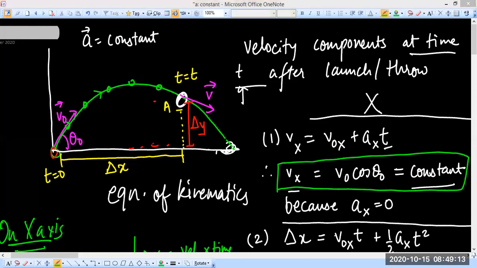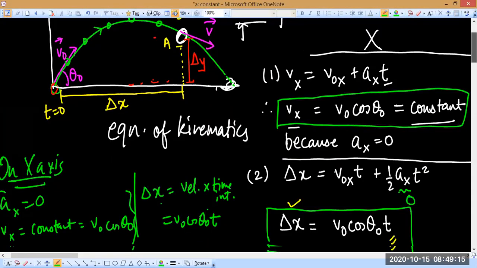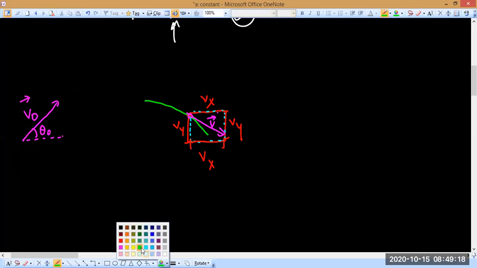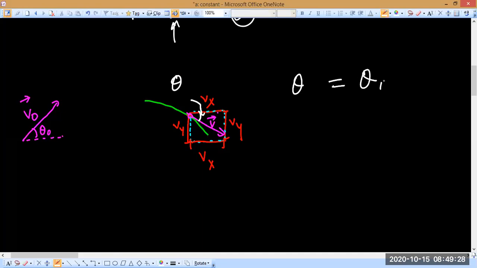So the angle itself would have changed. So anyways, what I'm saying now is that this angle with the x-axis is going to be some angle theta. Is theta equal to theta 0? No. Clear? Theta is not equal to theta 0.